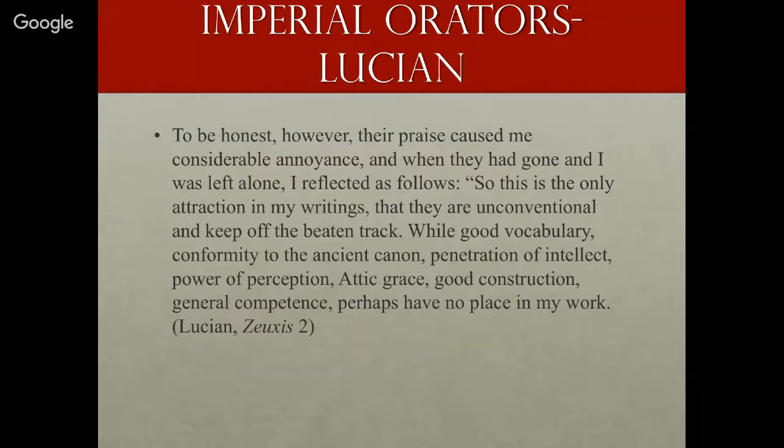However, he says that when I reflected, I realized that people were not praising me for my good vocabulary, conformity to ancient canon, power of perception, Attic grace. He continues on to say that they were praising me only because I introduced new material. So even though he is grasping to be as Attic as possible, he still claims that this is not obvious in his work.